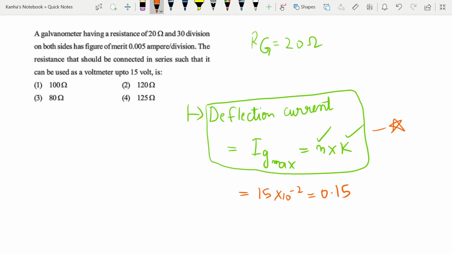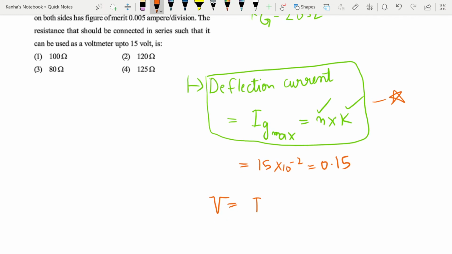Now given this, I need to find my V, which is nothing but Ig into 20 plus R. Note I am just making this diagram for you so that it's very clear. This is, let's say, a point A. Then you have a resistance in series.